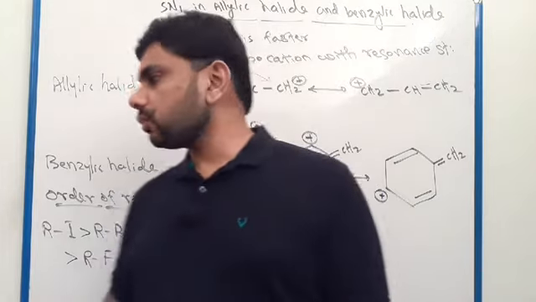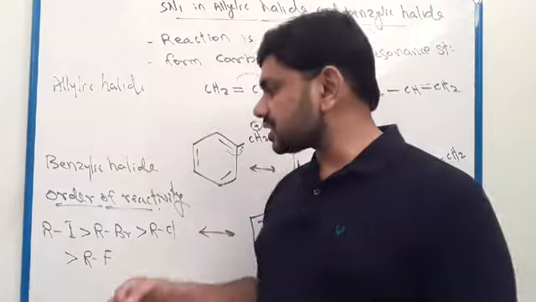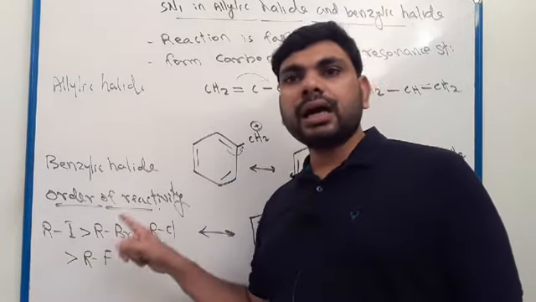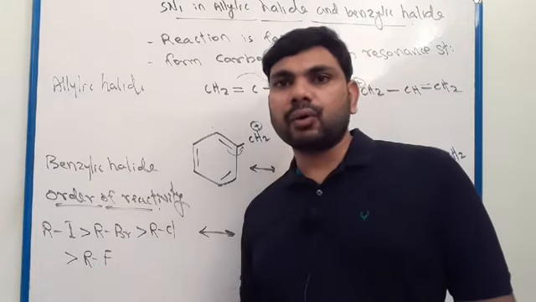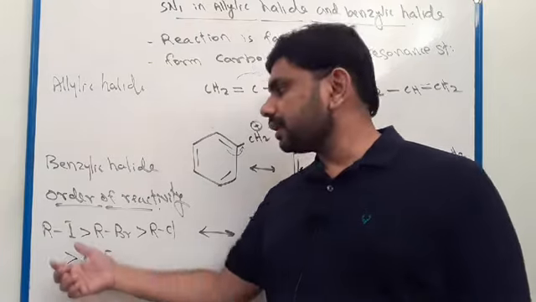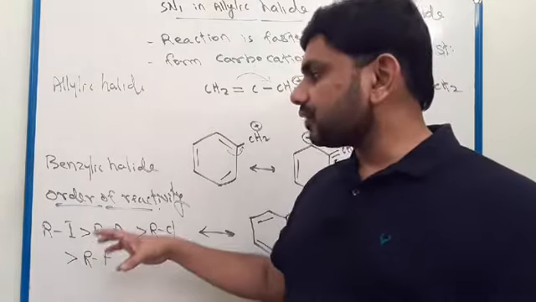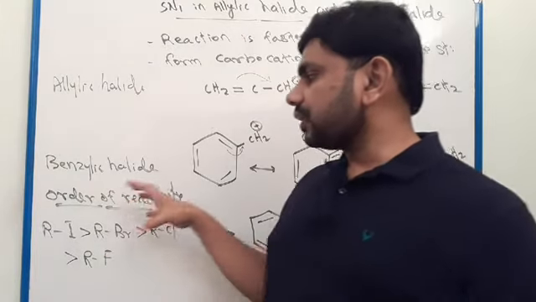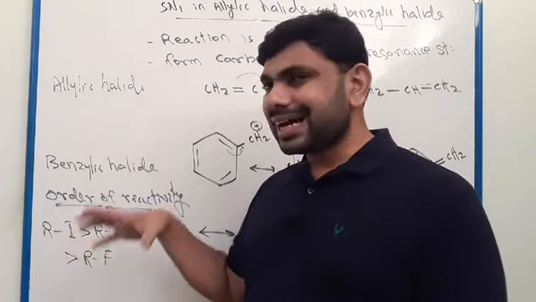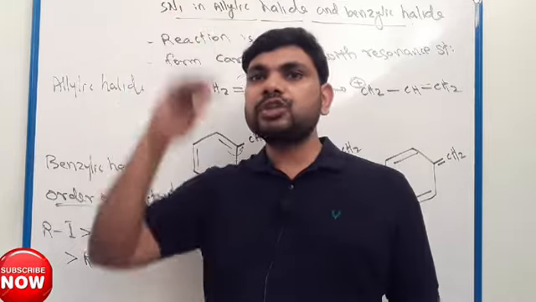Also remember that the SN1 and SN2 mechanisms are faster in alkyl iodide, then alkyl bromide, then alkyl chloride and alkyl fluoride. The rate of reaction is very slow in alkyl fluoride and faster in alkyl iodide. Why is the order of reactivity like this? Because the size of the halogen increases from top to bottom, from fluorine to iodine.